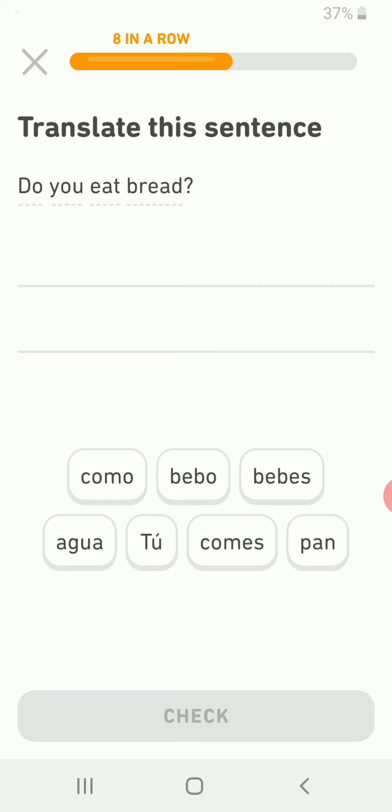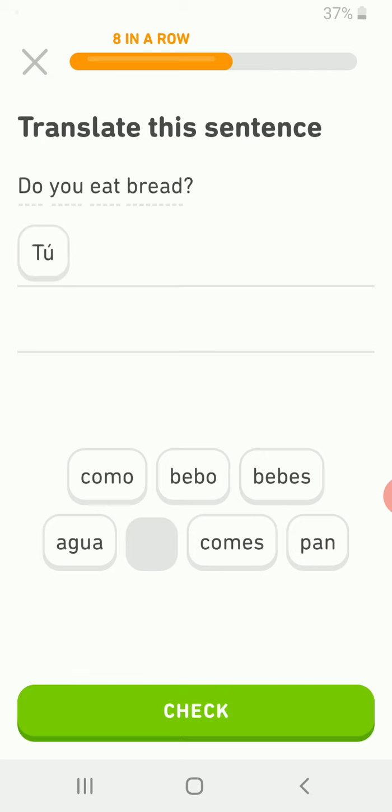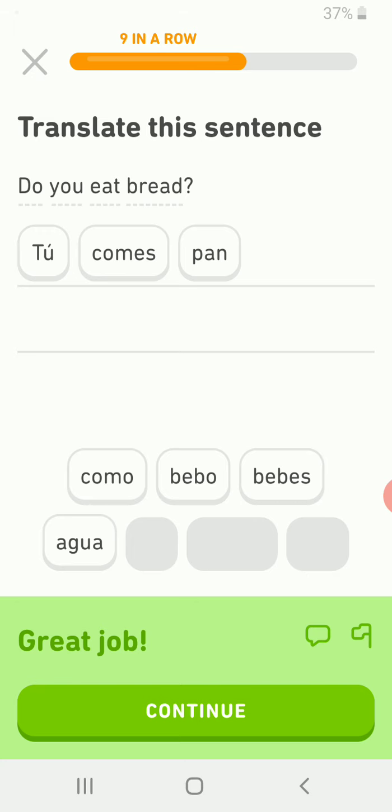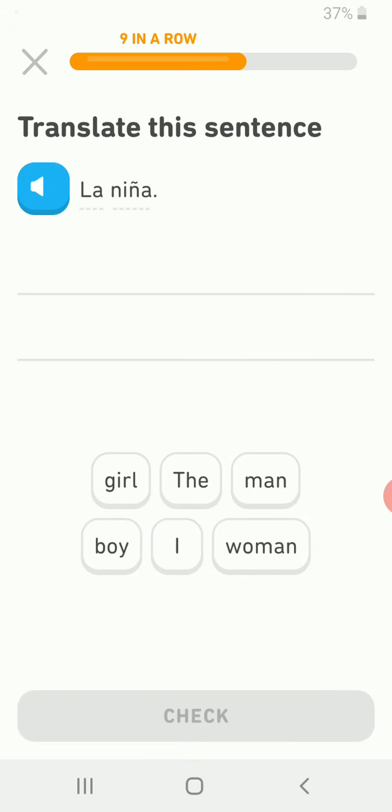The word bread was pan. So, tú comes pan? Comer, to eat, and you eat, tú comes. And la niña, the girl, of course.